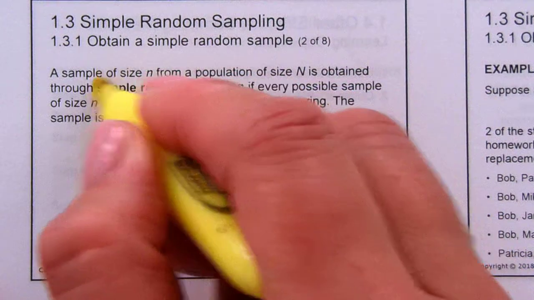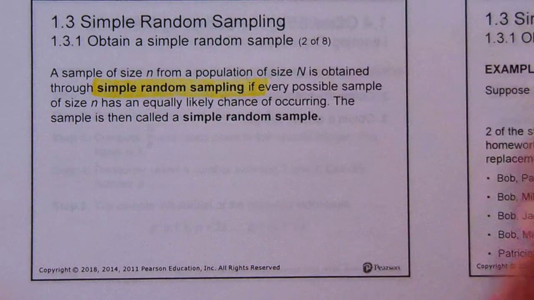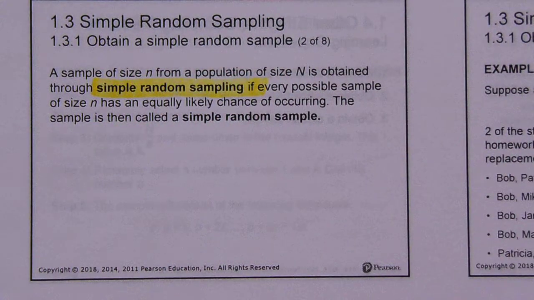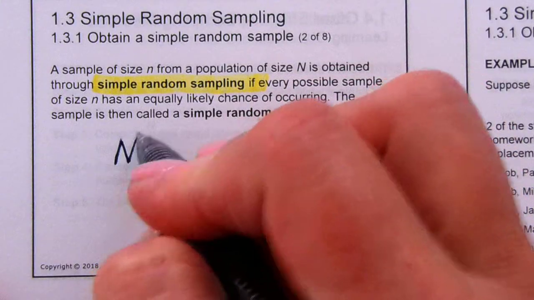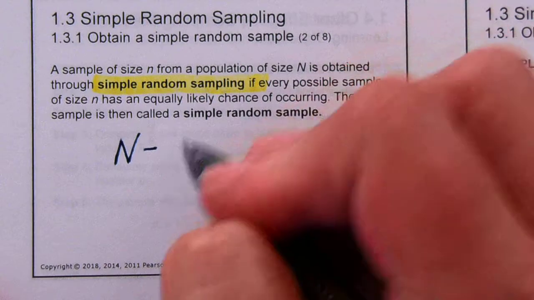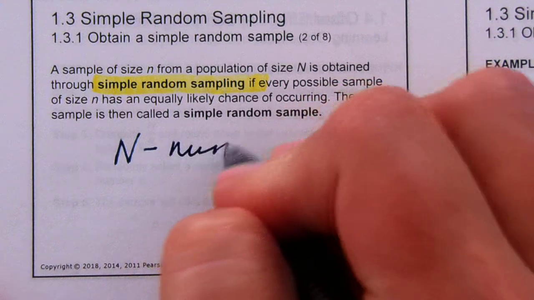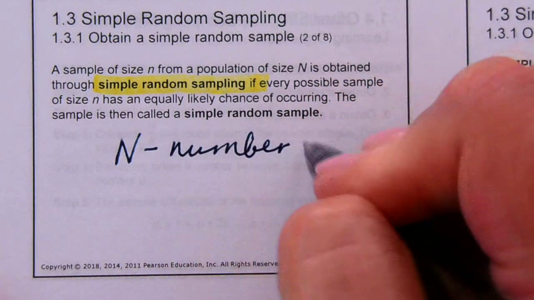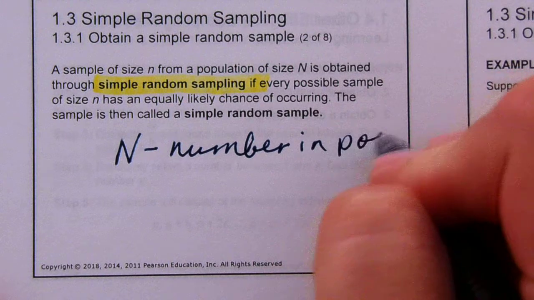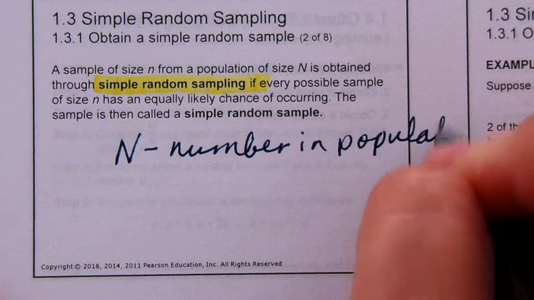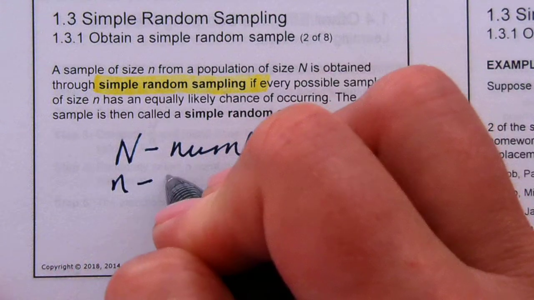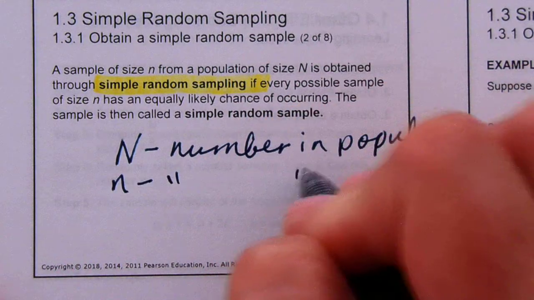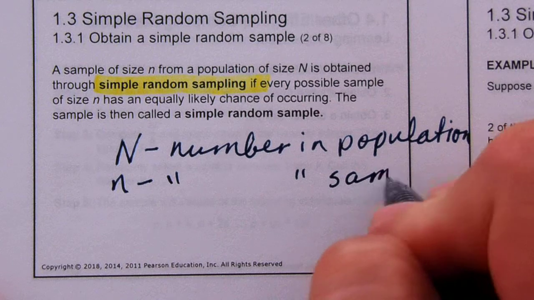We consider the entire population, and capital N is the number in the entire population. And a lowercase n is the number in the sample. Okay?